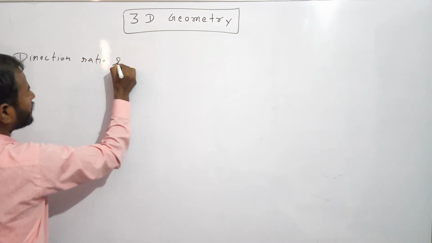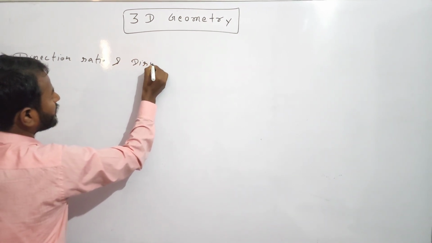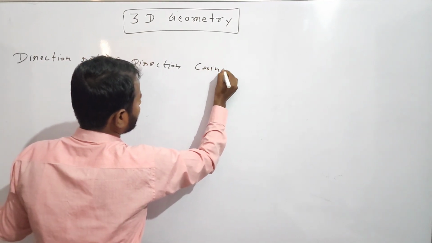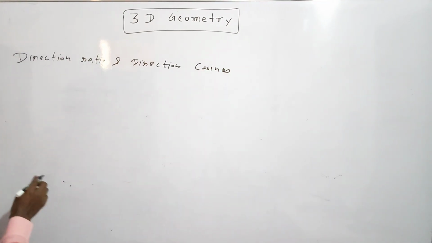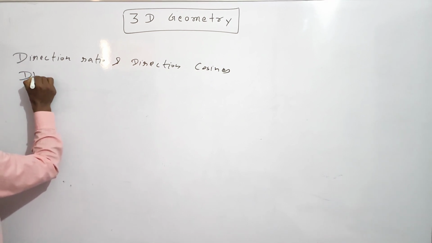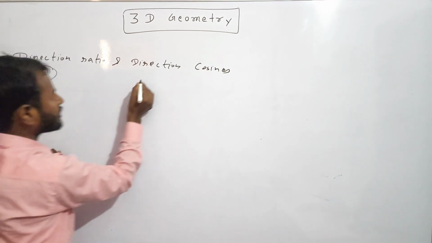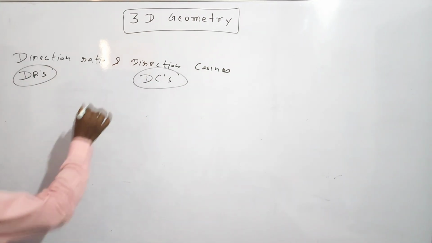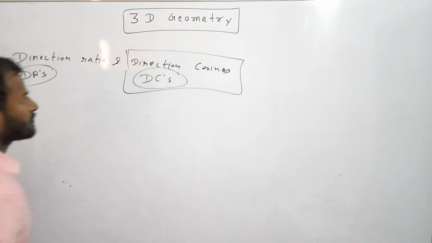Direction ratio and direction cosines. In short form, we write DRs and DCs. First, we learn about direction cosine.